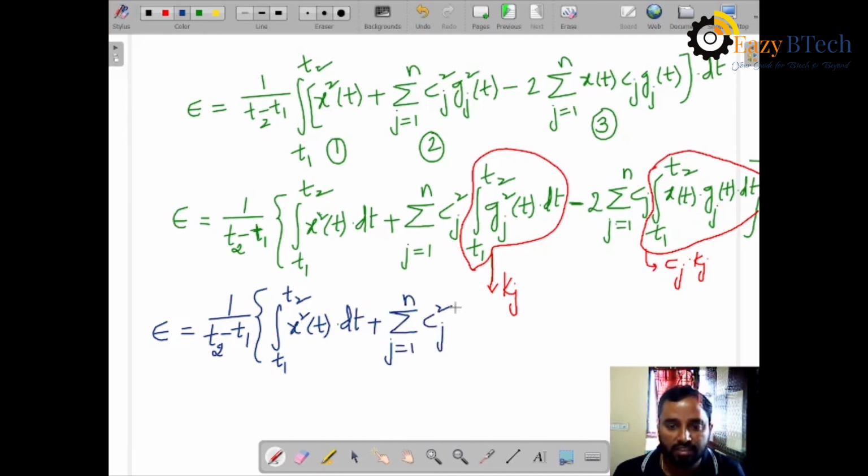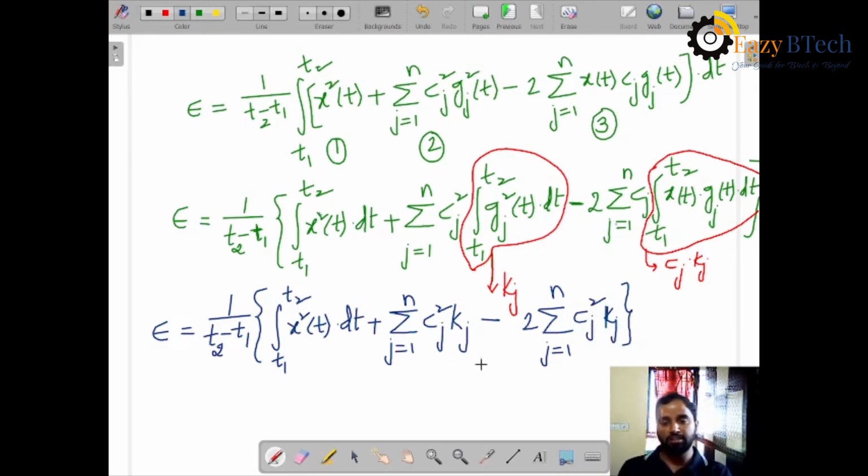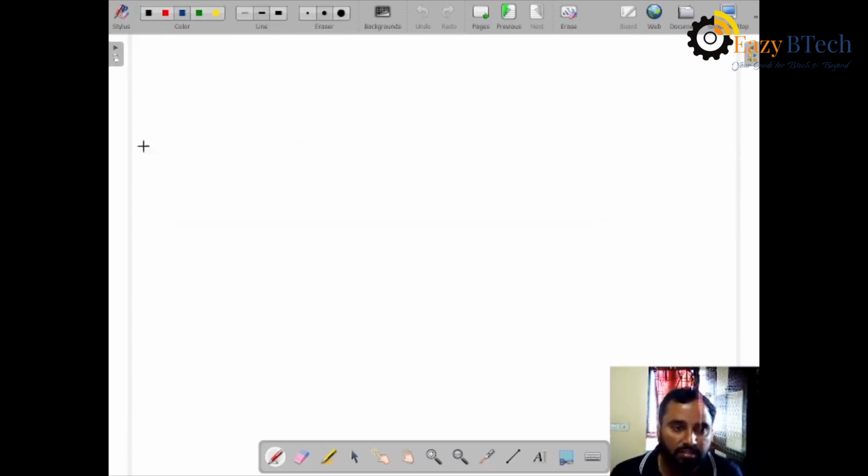This integral is kj, so I am writing cj square kj, and minus 2 summation j equal to 1 to n cj kj, which will become cj square kj. If you observe these two terms, summation j equal to 1 to n cj square kj minus 2 summation j equal to 1 cj square kj, we can subtract these two. They are similar terms.